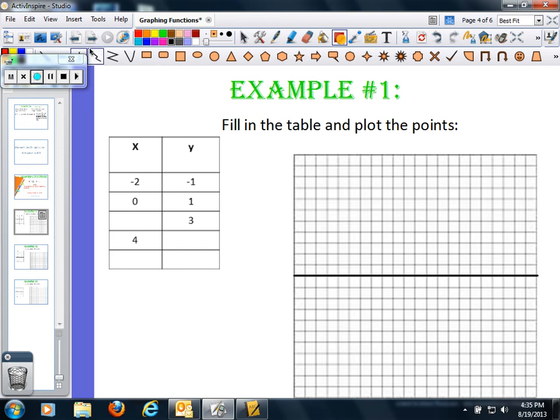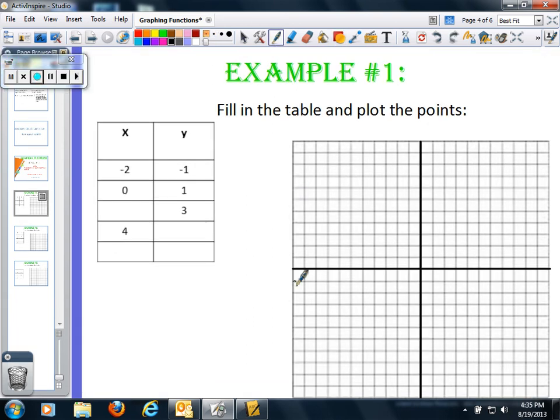Alright, so there's my X axis and my Y axis would be somewhere right here. Put my arrows on there. And now I'm going to plot the points that we actually have to start. So I've got -2 and -1, which goes right here. I've got 0 and 1, and then I have a couple other ones that are there.